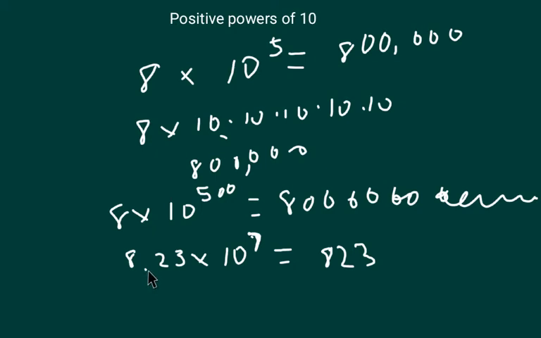That's going to move 7 places. 1, 2, 3, 4, 5, 6, 7. 82,300,000. So 8.23 times 10 to the 7th in scientific notation is the same as 82,300,000 in standard notation.